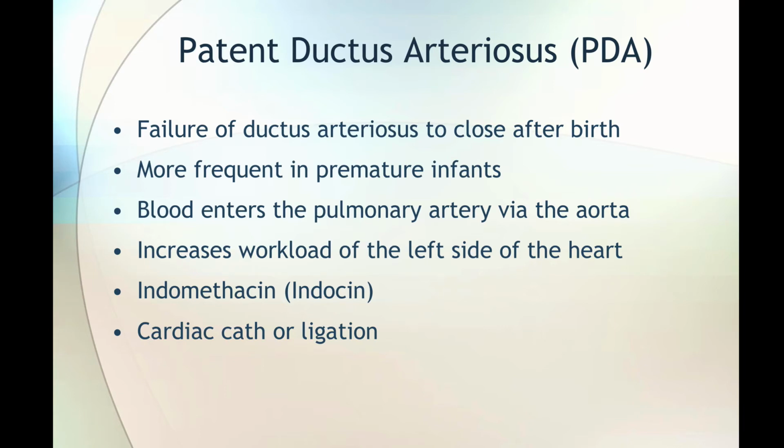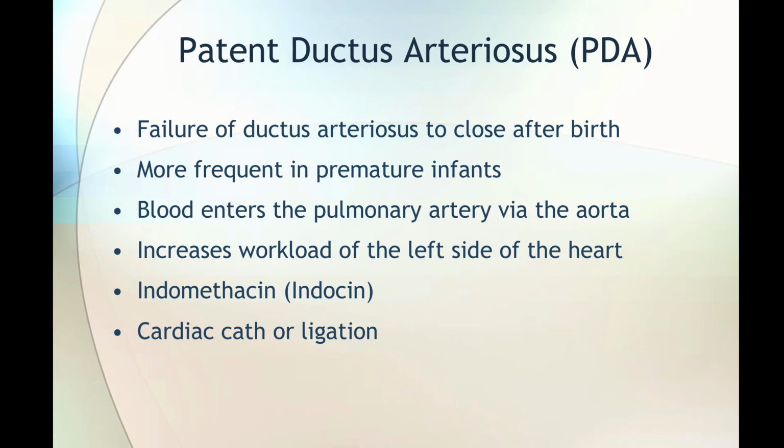It also constricts all the vessels in the body. So that can be problematic, especially in the GI part. You can sometimes get necrotizing enterocolitis, and we talked about that in class. Because what happens is the vessels constrict, the blood flow doesn't go to where the food is being digested, and that creates all kinds of problems.